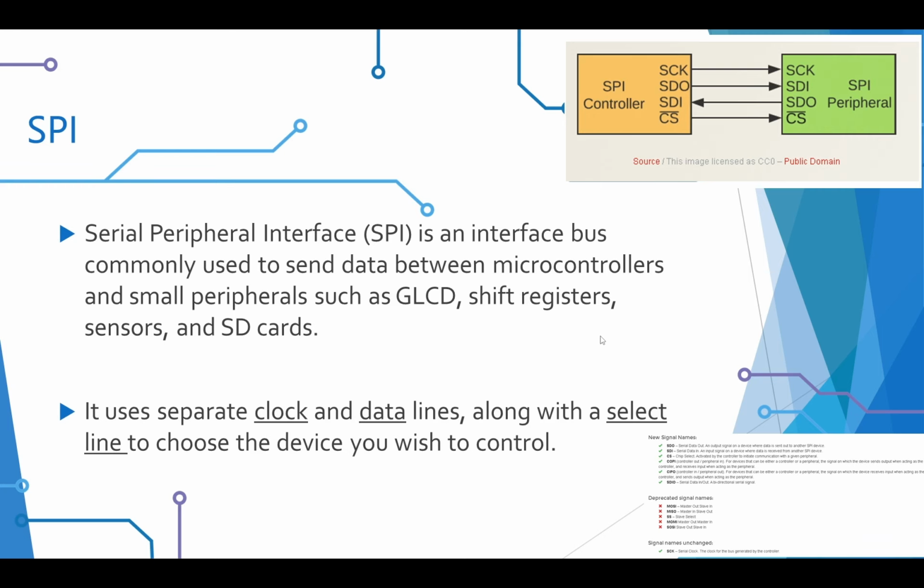It is a very common interface, and it uses a separate clock to data line. You can remember from the previous I2C, we use a shared line. This one here uses separate clock and data lines along with a select line to choose which device you want to control.